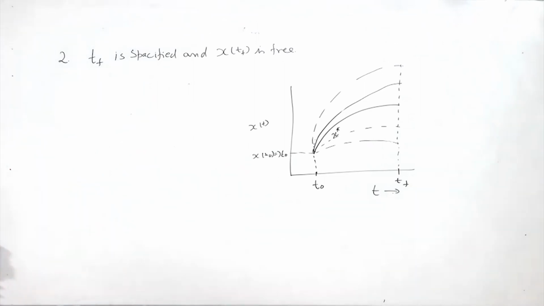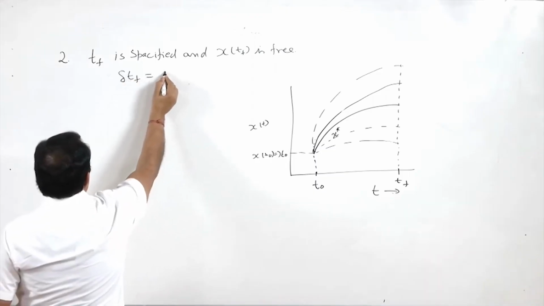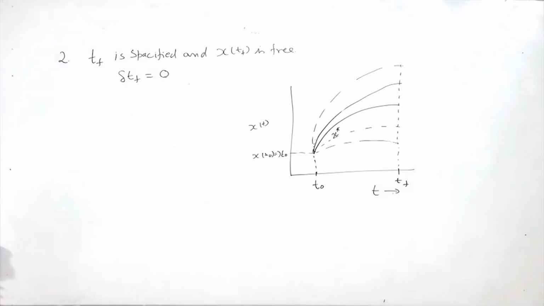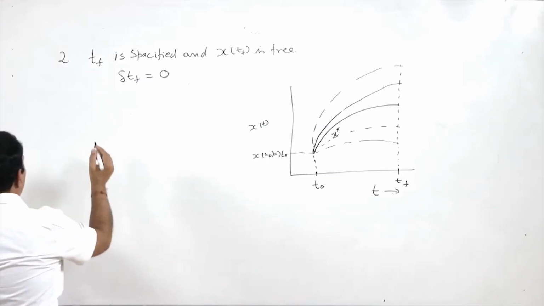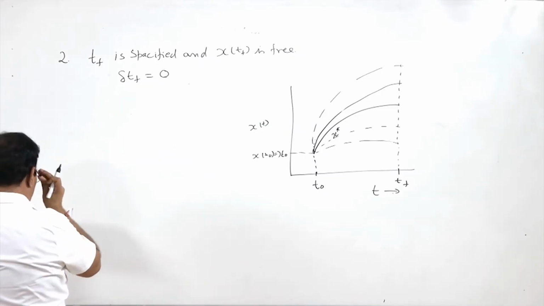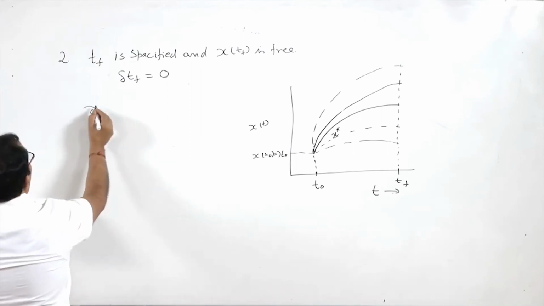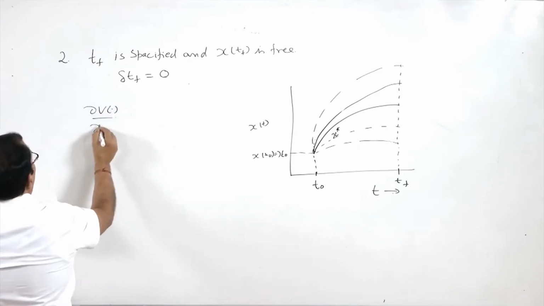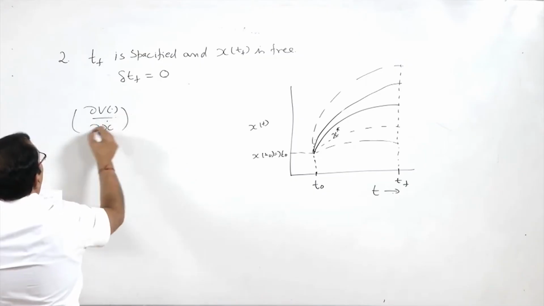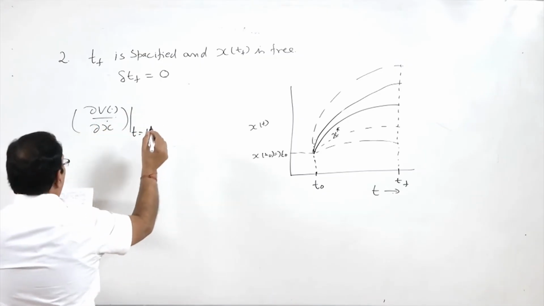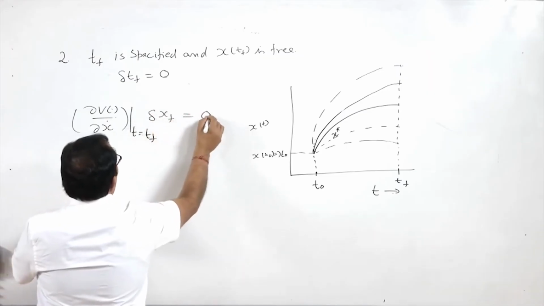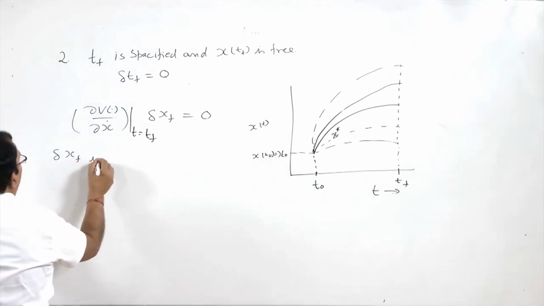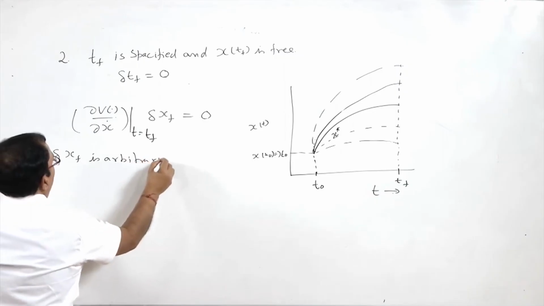In this case, as the Tf is fixed, naturally my delta Tf will be 0, and my endpoint condition is left with only del v by del x dot evaluated at t equal to Tf, times delta xf equal to 0, and here delta xf is arbitrary.